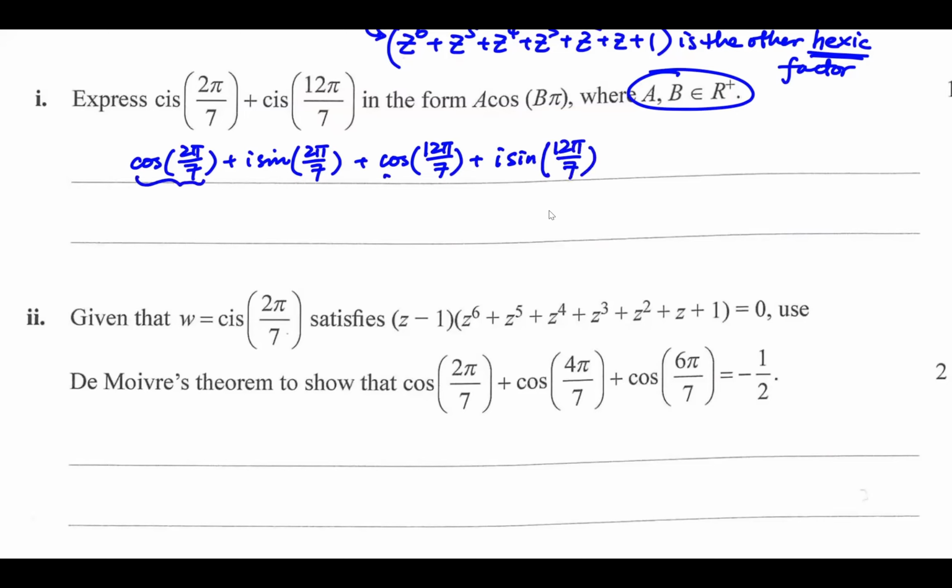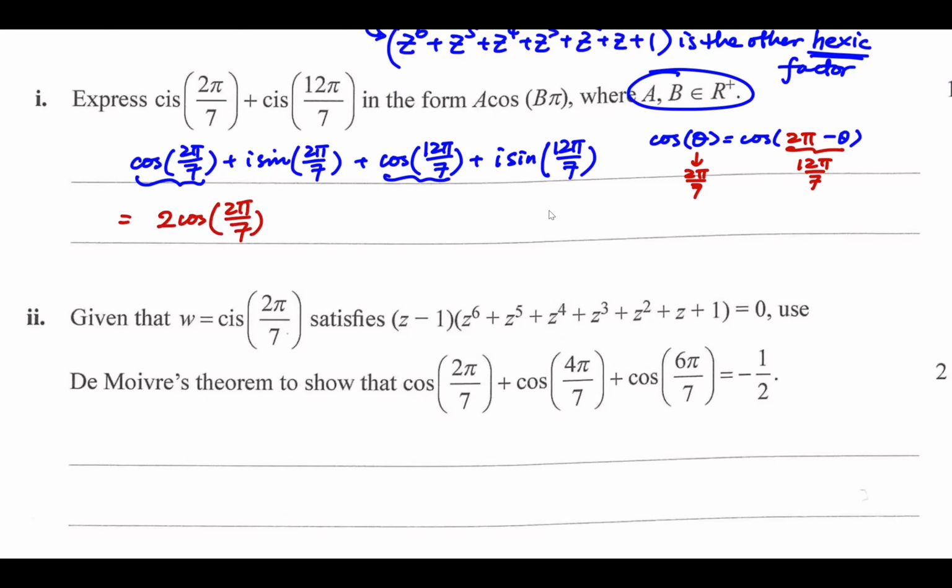Basically, if you observe what's happening with the two cosine terms, remember cosine theta equals cosine negative theta, but it's also cosine of 2 pi minus theta, okay? And if you choose theta to be 2 pi over 7, then this bit will be 12 pi over 7. So basically, you just have two lots of cosine 2 pi over 7.